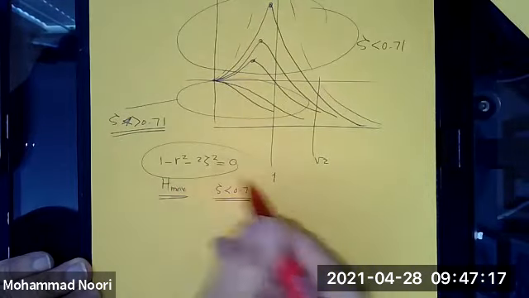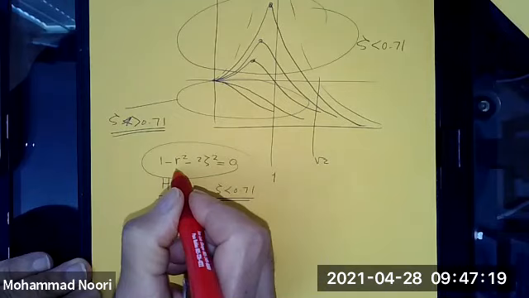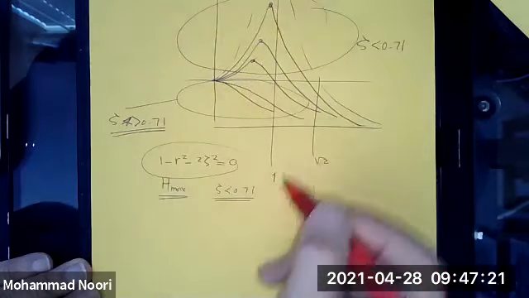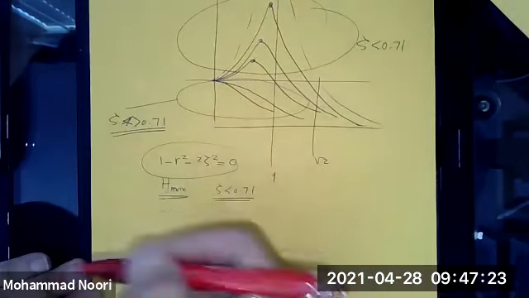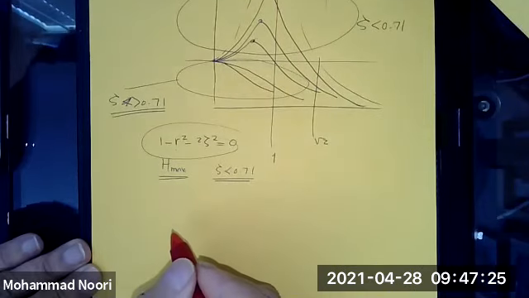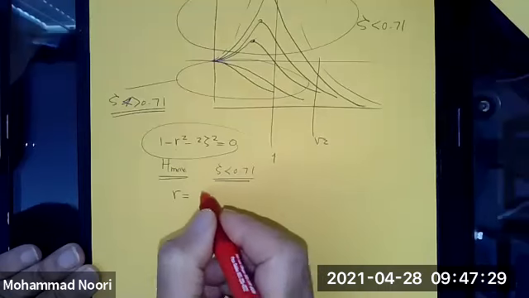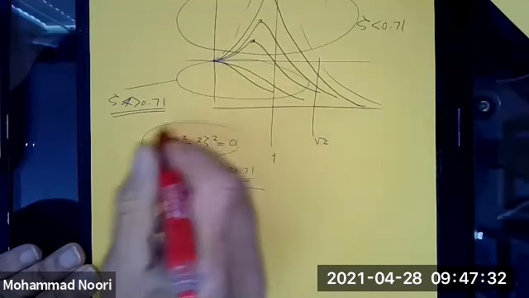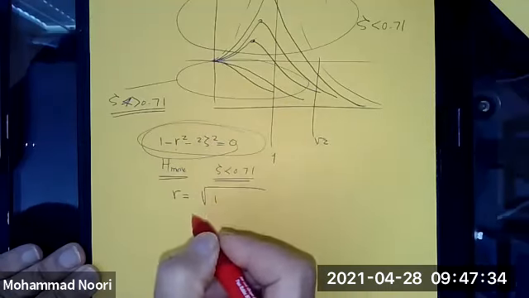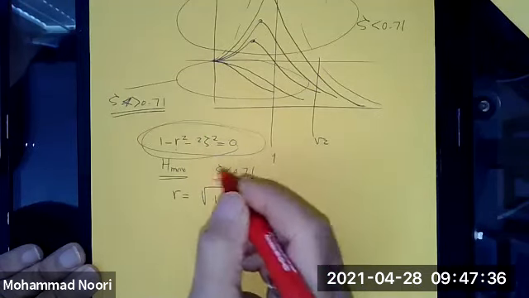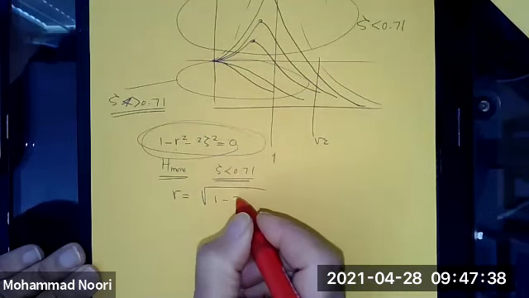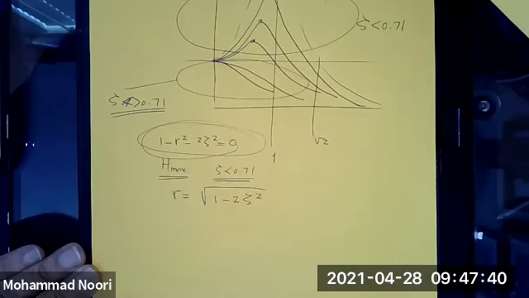So you need to find R from here, substitute it into the equation for H to find the corresponding value for the maximum. So R is the square root of, from here, if you set this equal to 0 to find R, 1 minus 2 zeta squared, right?